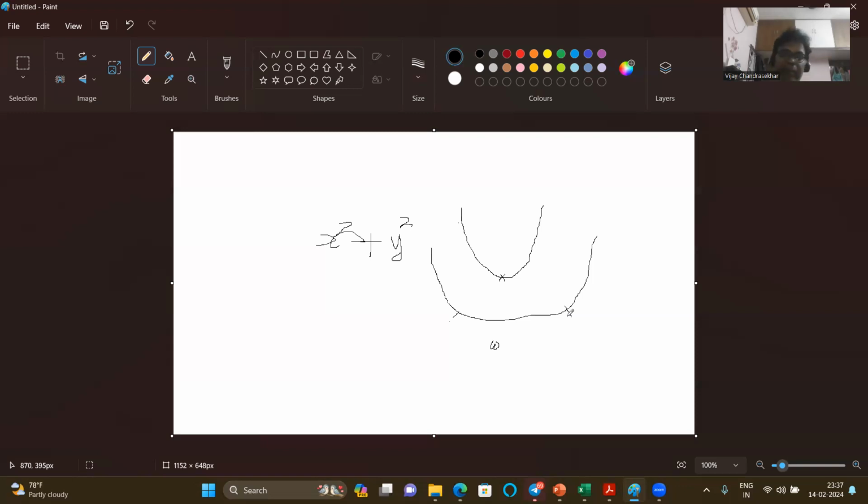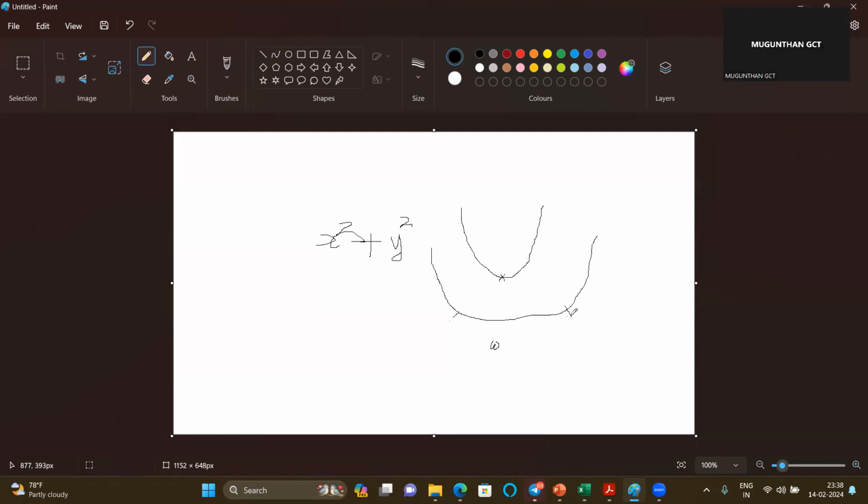Now, can somebody tell me what this means from an optimization perspective? If W can vary from this all the way up to this, and the cost doesn't change too much, what is the implication for optimization?